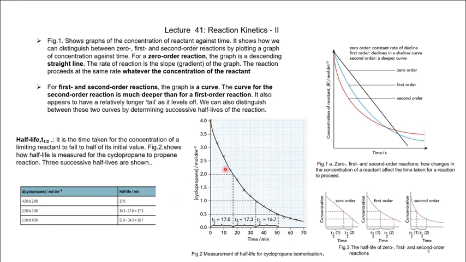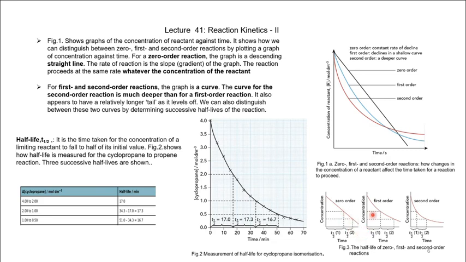So here is the graph we plot, time against concentration of cyclopropane. One can also see that if we plot concentration against time, we get a curve like this. This is a zero order, this is the curve for first order, and this is the curve for second order. Look, here we are talking about half-life: for zero order, half-life is decreasing while the reaction is proceeding.